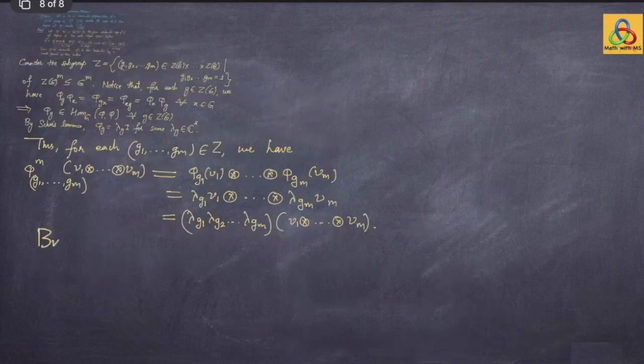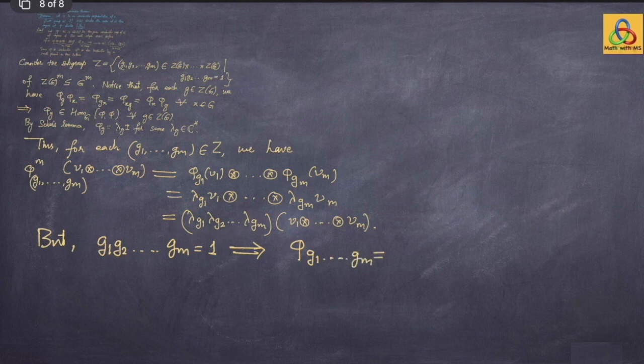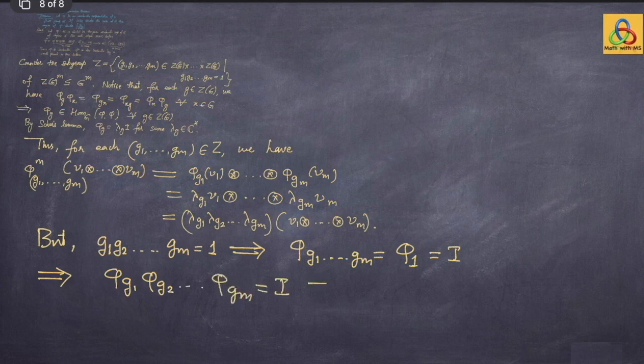Let us analyze what this complex number lambda g1 to lambda gm is. Notice that g1 g2 gm is 1 because I have picked this tuple from the subgroup Z, which implies that phi of g1 g2 gm is phi of 1, which is the same as 1. But phi is a homomorphism, that implies phi g1 into phi g2 into so on phi gm is the identity operator, whereas each phi gi is scalar multiplication by lambda gi.